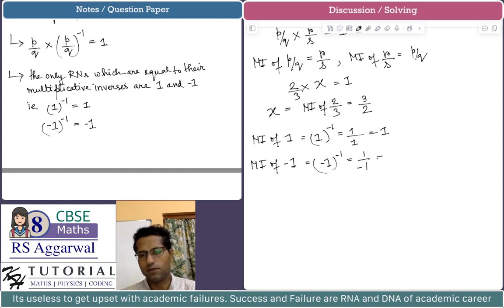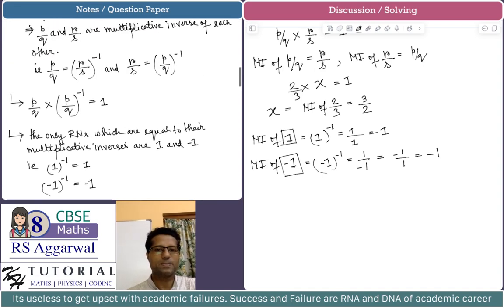Now if we convert this rational number 1 by minus 1 so that the denominator is positive, it will be minus 1 by 1. This is equal to minus 1, which is equal to the original rational number minus 1. So 1 and minus 1 are the only two rational numbers which are equal to their multiplicative inverse. Okay.